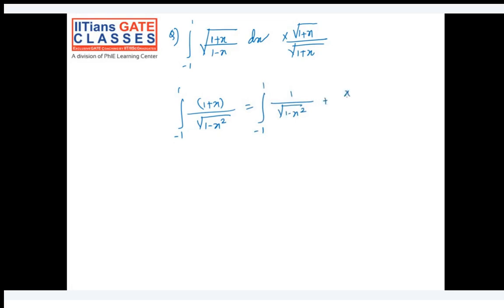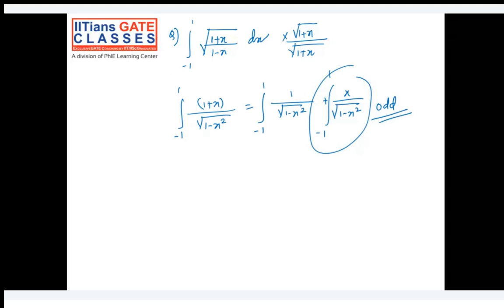Now this second part is an odd function, because x is odd, divided by under root of 1 minus x square which is even. So odd divided by even function is again an odd function. So the answer for this second part is 0.